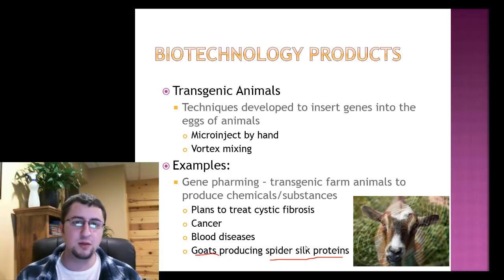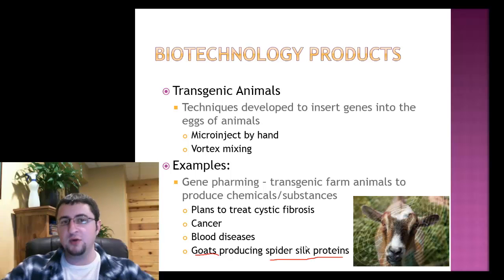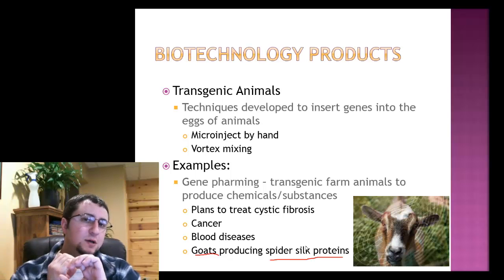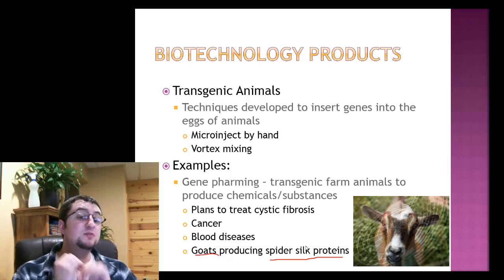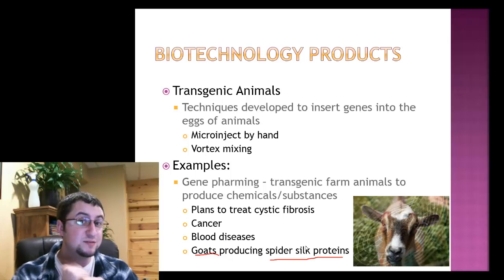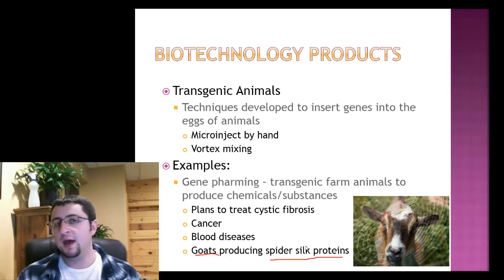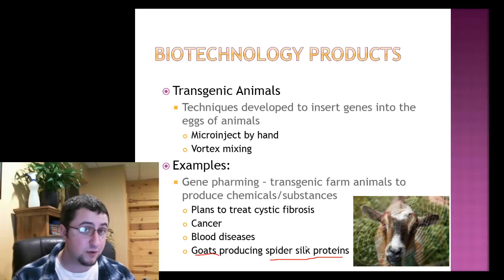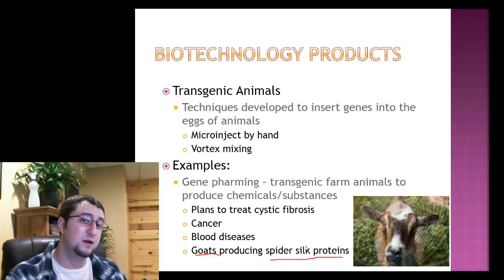Now, you may look at one spider strand and you can rip it apart, right? But if you had a whole rope made out of spider silk, it would be stronger than a steel cable. So actually, spider silk in the future has a lot of different potential to be one of the best building materials possible. And it's difficult to harvest, right? Because we would need a lot of spiders. Now, the problem is spiders are very territorial, and they tend to kill one another that are nearby.